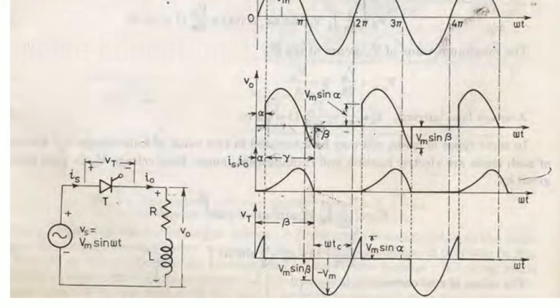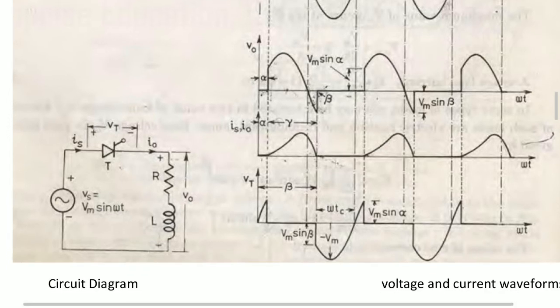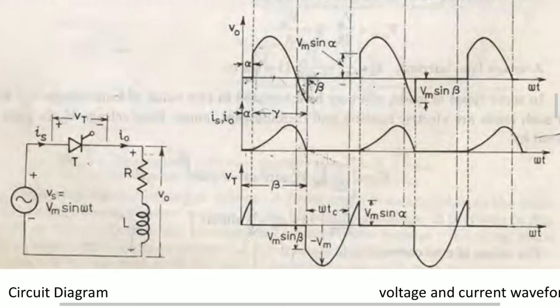So due to this inductance, as soon as we fire the SCR T, we will get output voltage Vo and the current Io. The current will gradually rise and decay to zero after some time. And the last waveform is of VT, that is voltage across the thyristor.